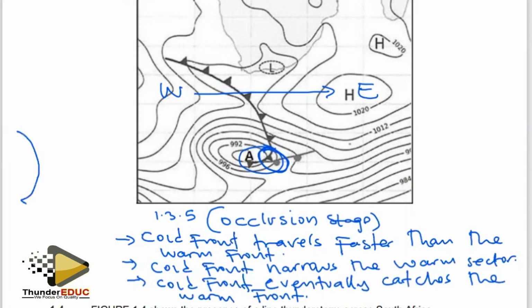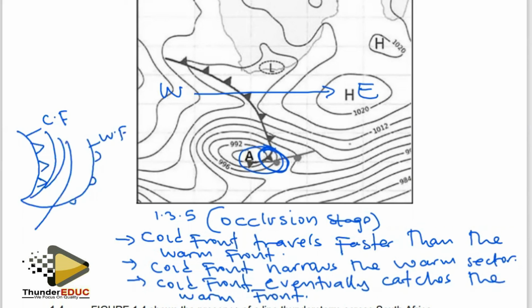If you look in the mature stage, for example, this could be our cold front. This is the warm front. But you know that the cold front is more dense, so it travels faster, so it keeps on narrowing the gap. Eventually, it will intercept the warm front, creating an occlusion. Right.